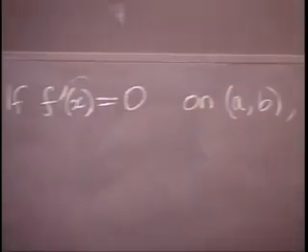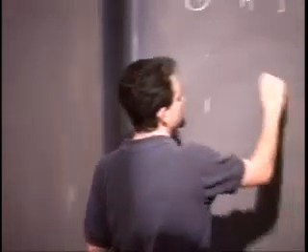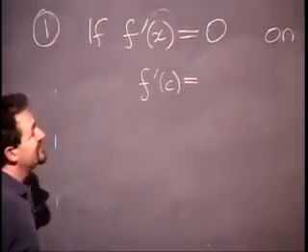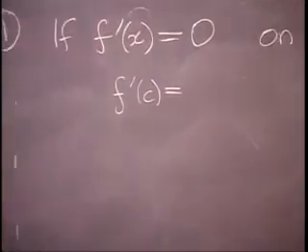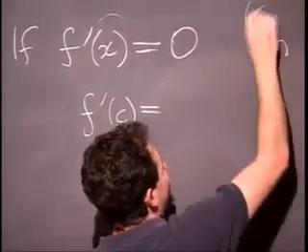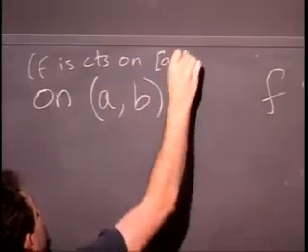Obvious? Sure. Prove it. Well, here goes. F prime of c, and let's assume f is continuous on a b, although you actually don't need this.